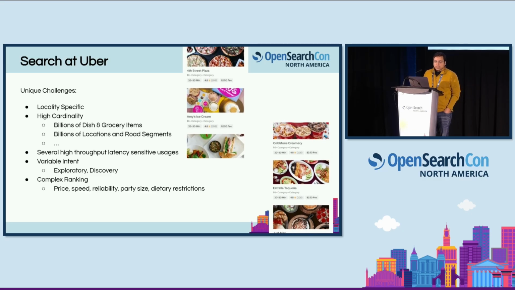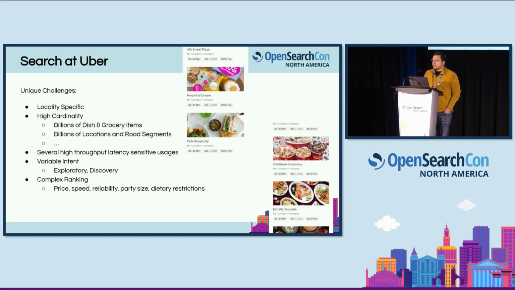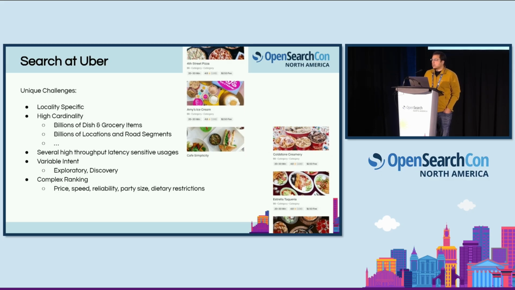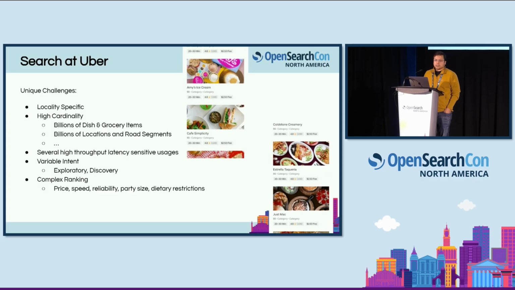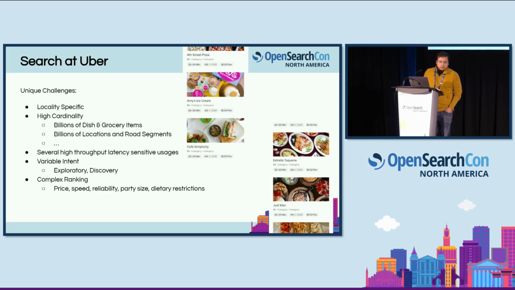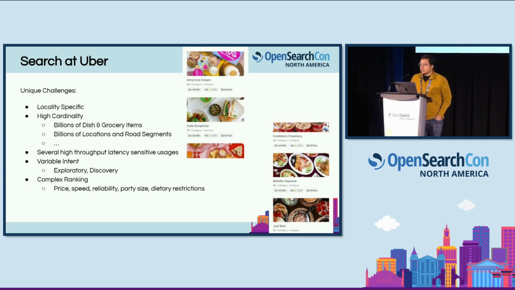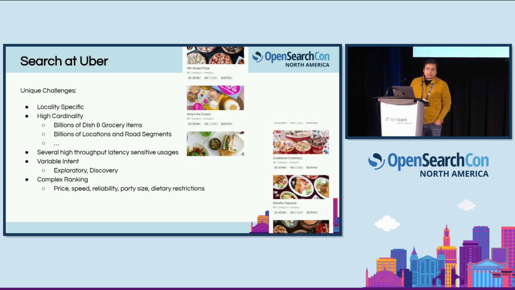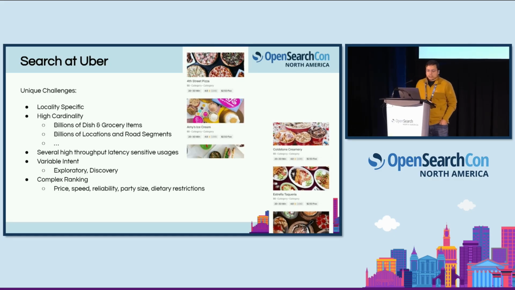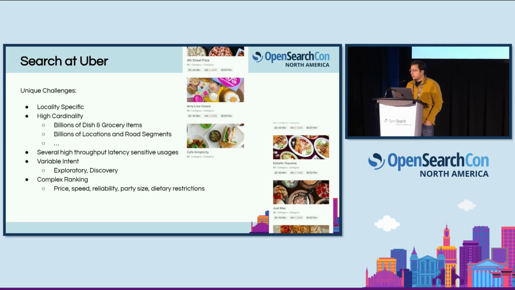We are also very throughput and latency sensitive. We have very variable intent across different varieties of searches. Some of them are exploratory, some of them are discovery related. We also have very complex ranking. Sometimes the features are encompassing price, speed, reliability, party size, dietary restrictions, and so on.